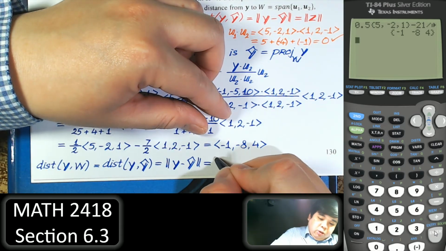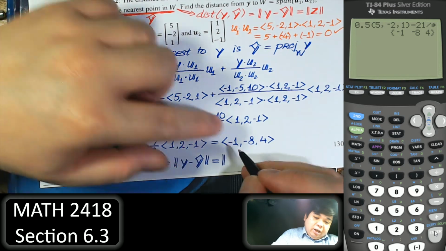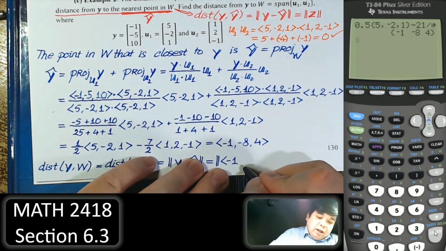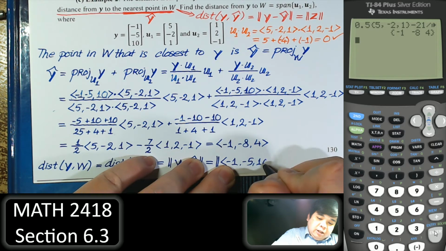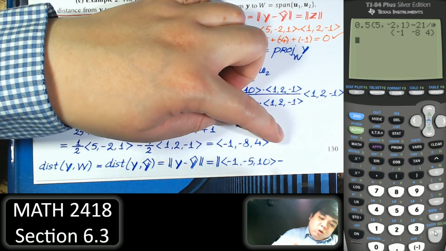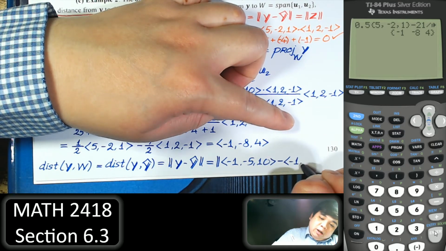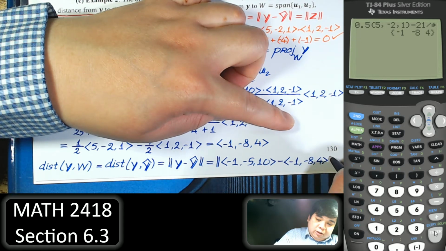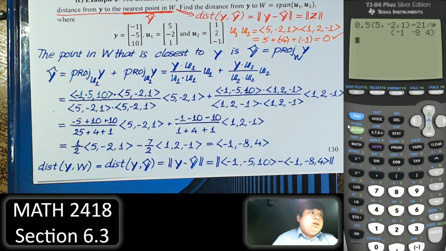So the point y is negative 1, negative 5, and 10. Subtract y hat, negative 1, negative 8, and 4. So I just type negative 1, comma, negative 5, and 10. Subtract y hat, which is this point. Second answer, that will do 036.